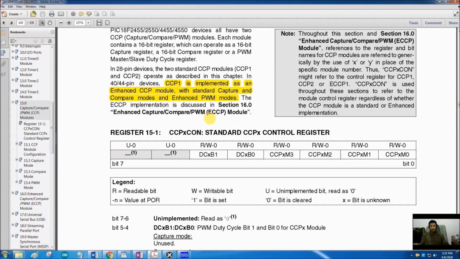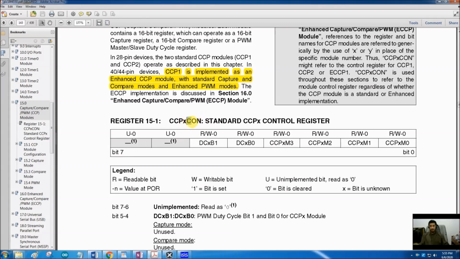As with every other peripheral in this microcontroller, there is a dedicated control register associated with this peripheral also. As we have two CCP modules, this X is replaced by 1 or 2 in case of CCP1 or CCP2.